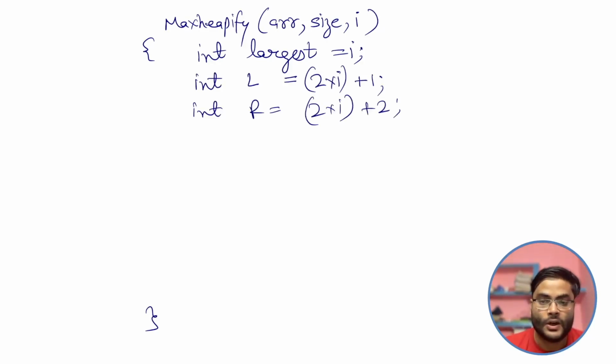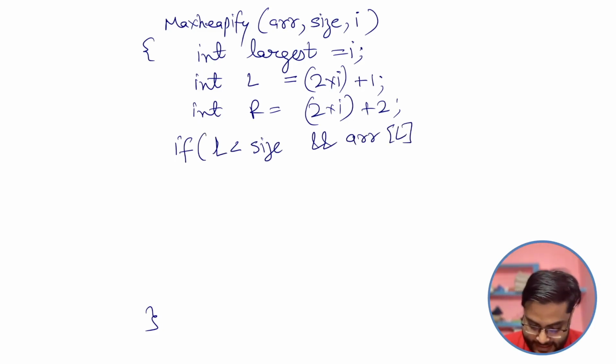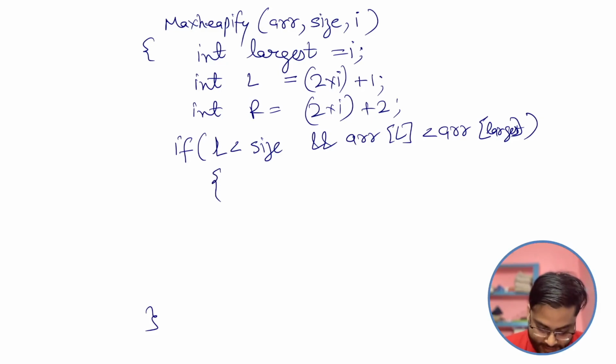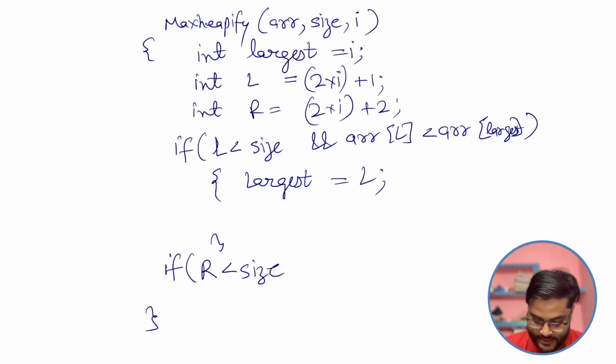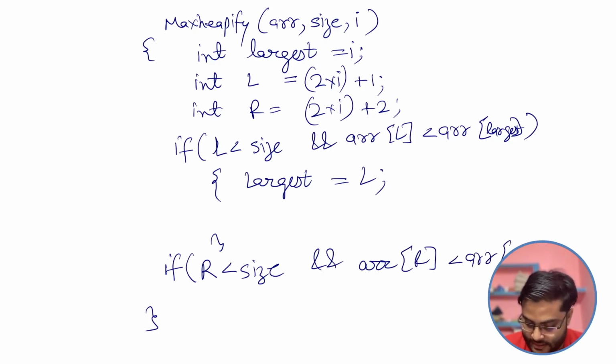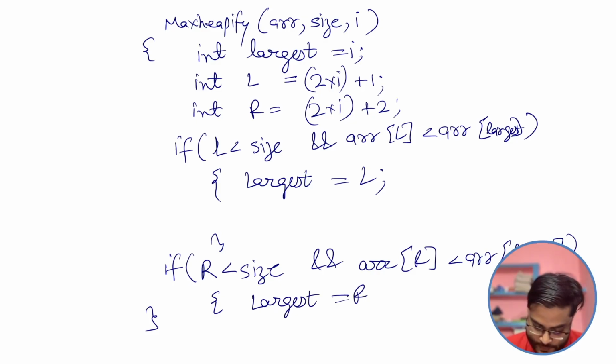So now I will check: my largest will be L. Okay, if my right is less than my size and my array at right is less than array at largest index, then I will update my largest. So my largest will be R.